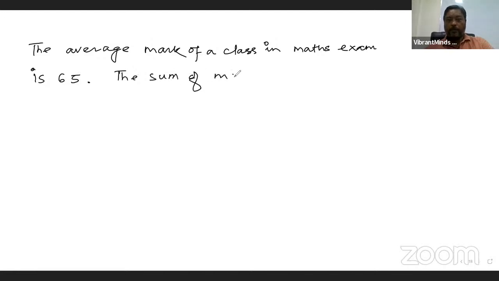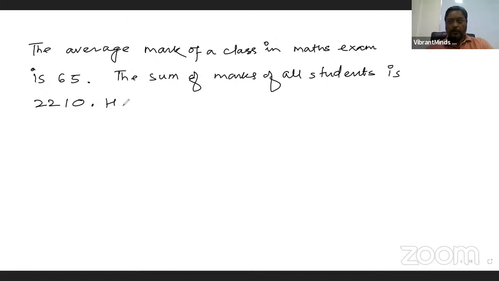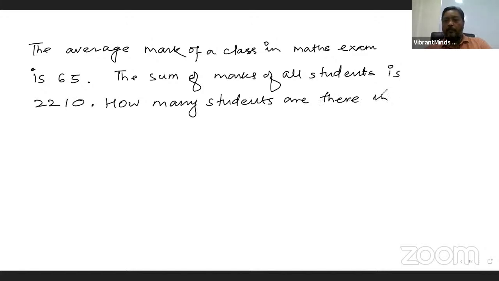The sum of marks of all students is 2210. How many students are there in the class?